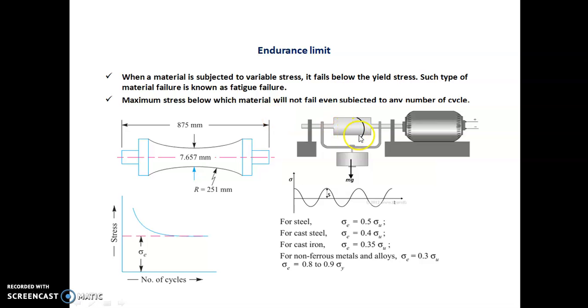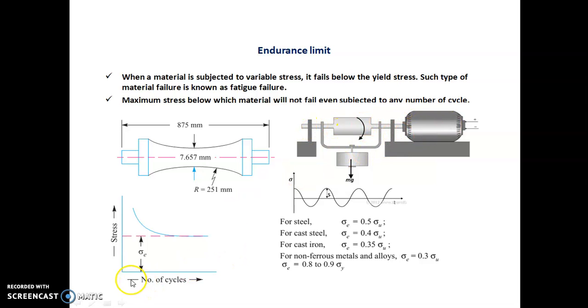This is a specimen, and this is a fatigue testing machine. The specimen is placed in the fatigue testing machine, where alternating tension-compression cyclic loading is applied, and the revolutions of the specimen are noted in a counter.